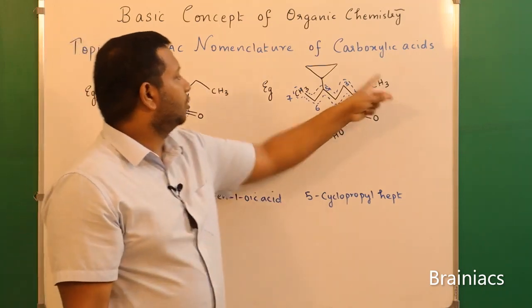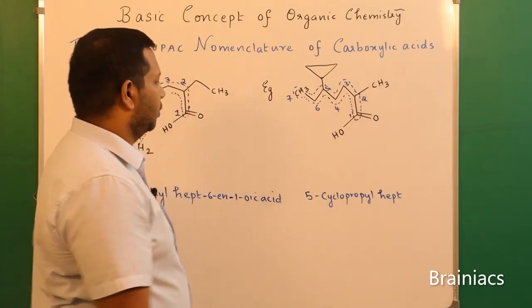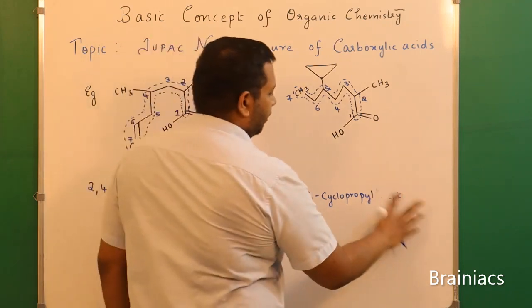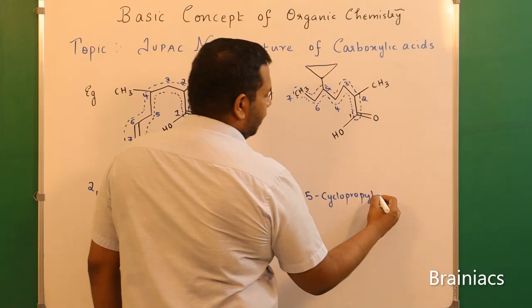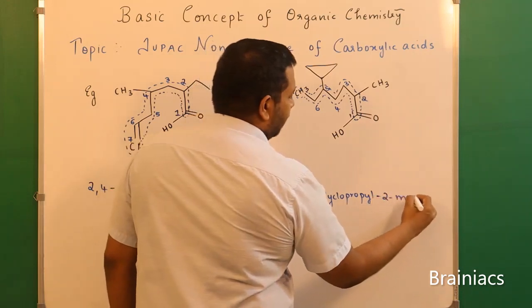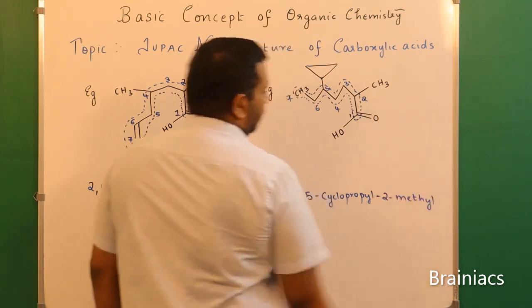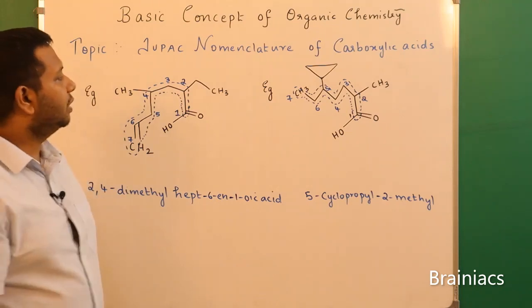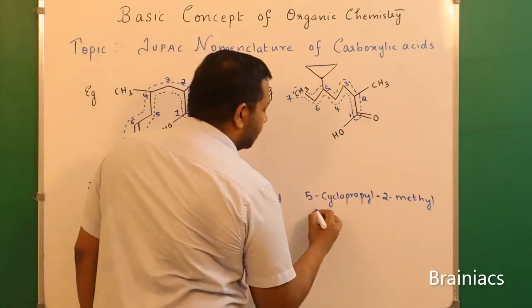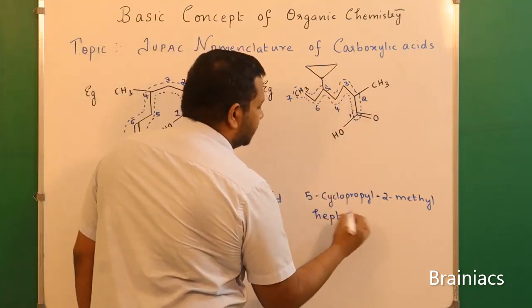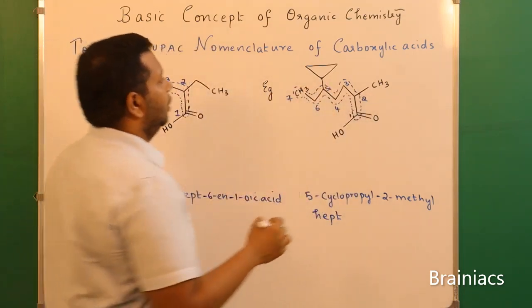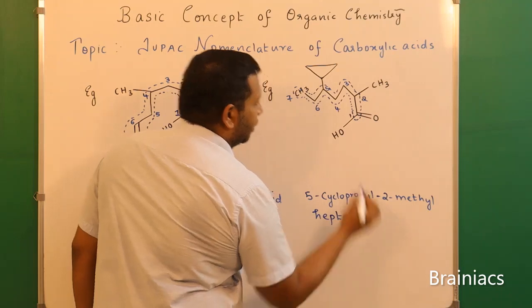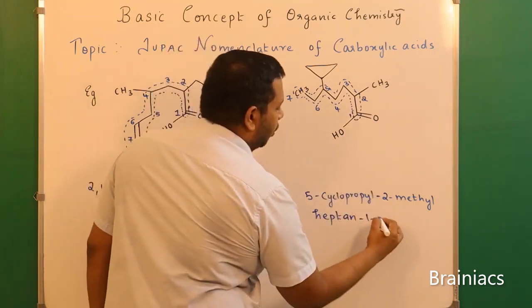At the second position also there is a substituent, so I can write that also. So 5 cyclopropyl, then hyphen 2 methyl, 5 cyclopropyl 2 methyl hept. We will see all are linked through single bond, so there is no issue. So I can say heptan. At first position 1-oic acid.